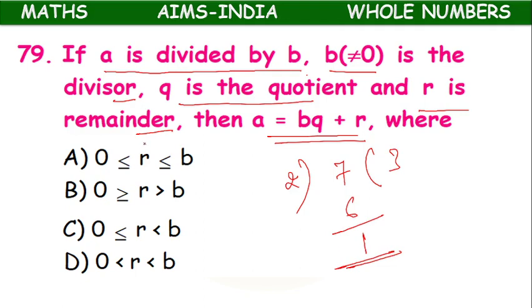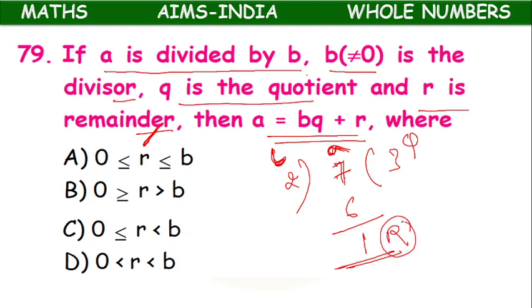Because they are telling A is divided by B, 7 is divided by 2. So this is A, this is B, this is the quotient, this is the remainder.